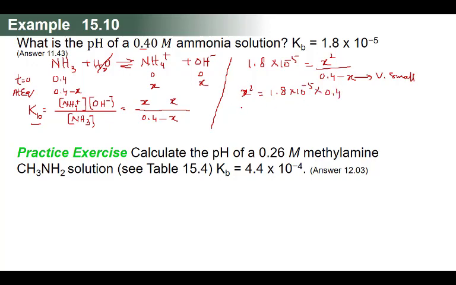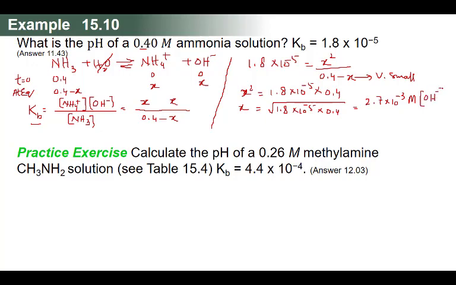Taking the square root, X is the square root of 1.8 into 10 to the power minus 5 multiplied by 0.4, which equals 2.7 into 10 to the power minus 3 molarity, and this is the OH concentration.